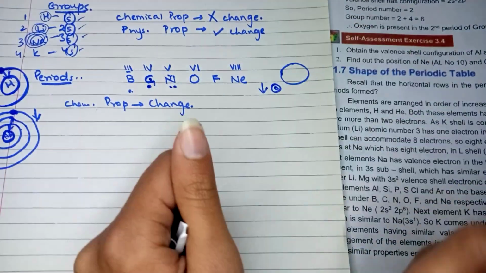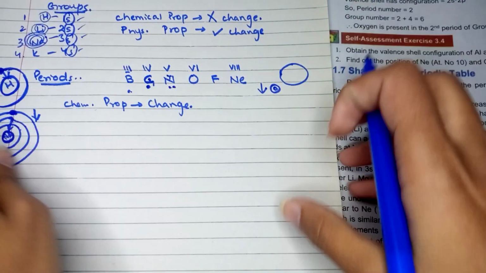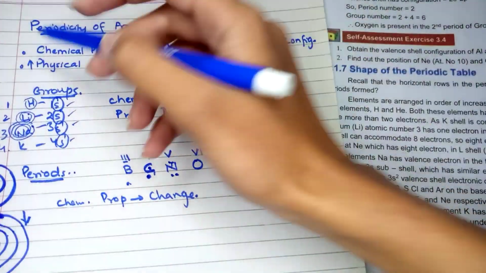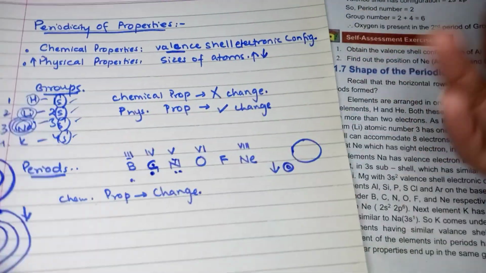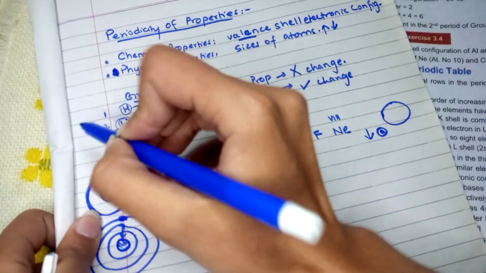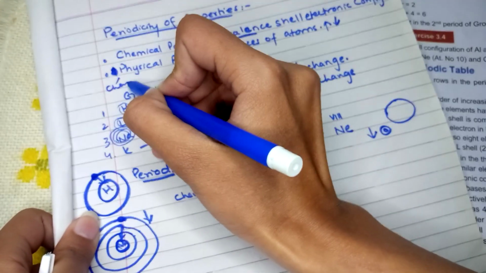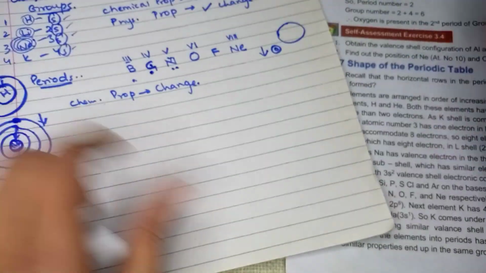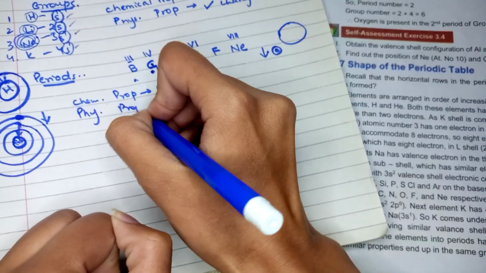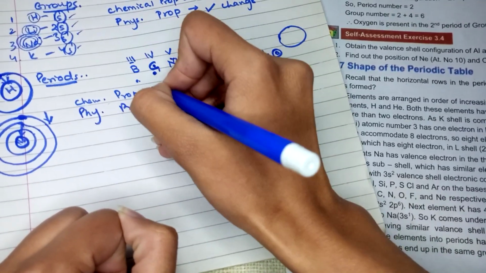So if the size of the atom is decreasing, the physical property is also changing. Sorry, this is not increase, you can write there is a change. So here you can see that the physical property is changing.